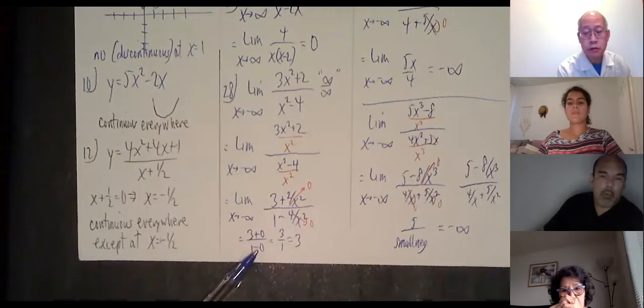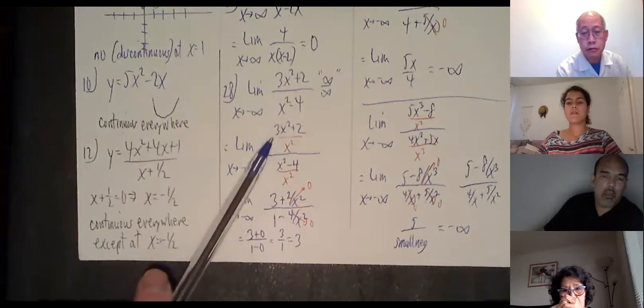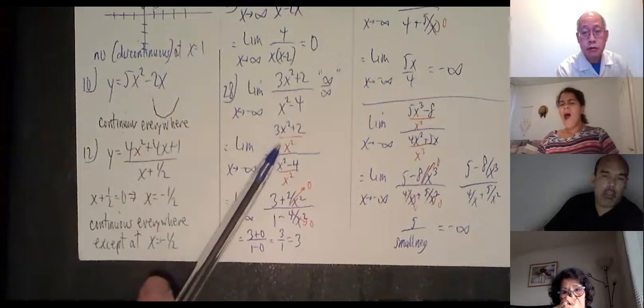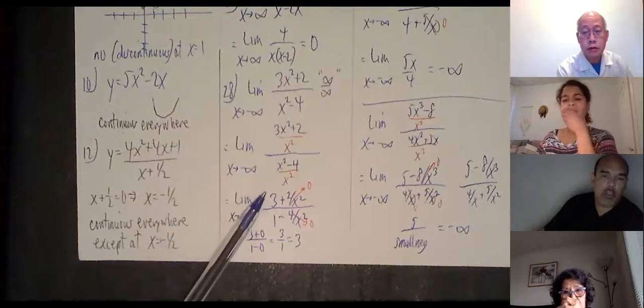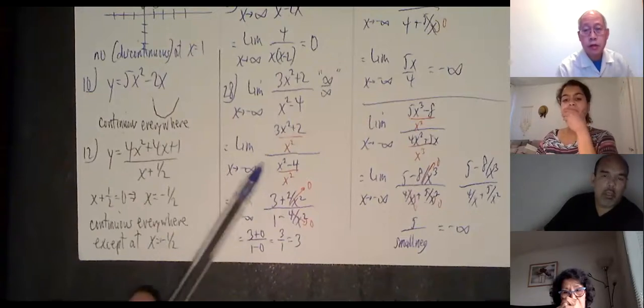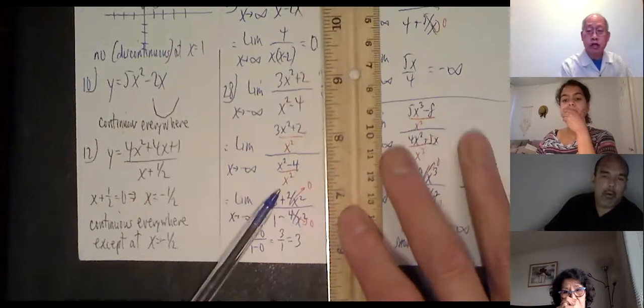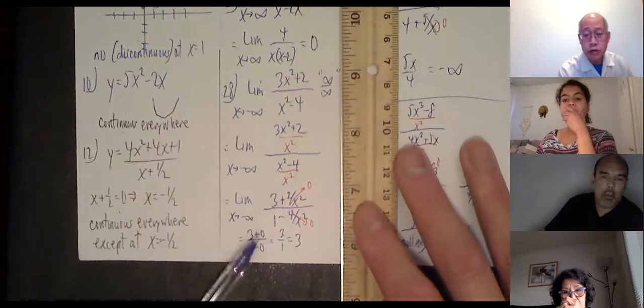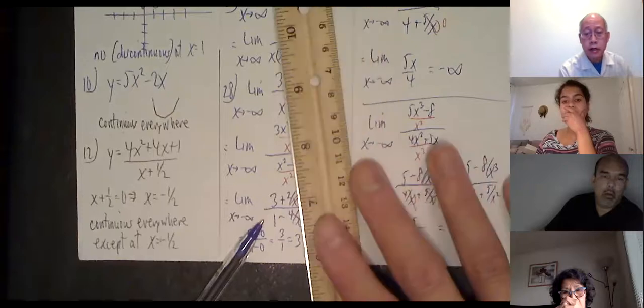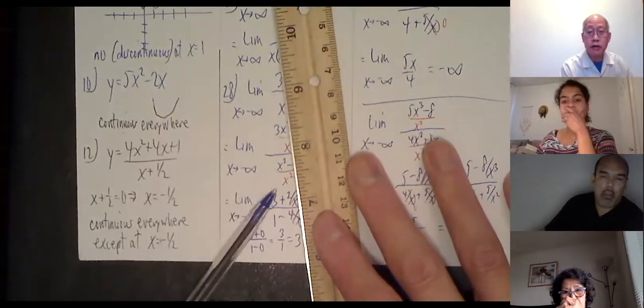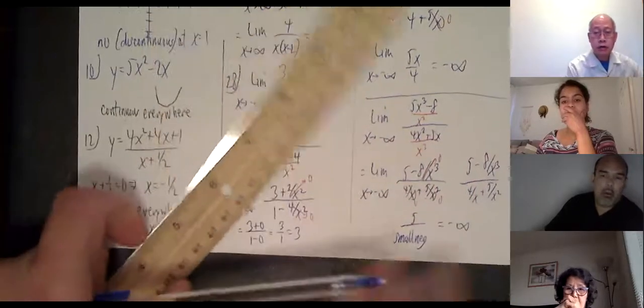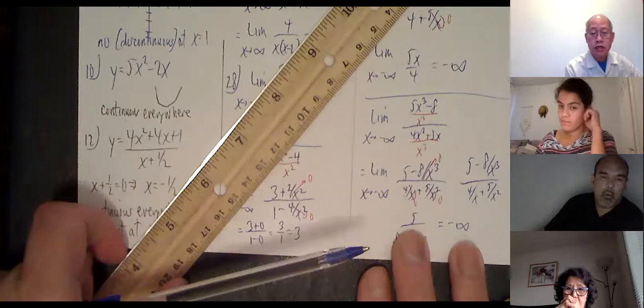But in the step above, you canceled out the x squares, and underneath you didn't cancel out the x squares. You went straight into a 1. Yeah, I did x squared divided by x squared, which is 1, and then you do minus 4 over x squared.